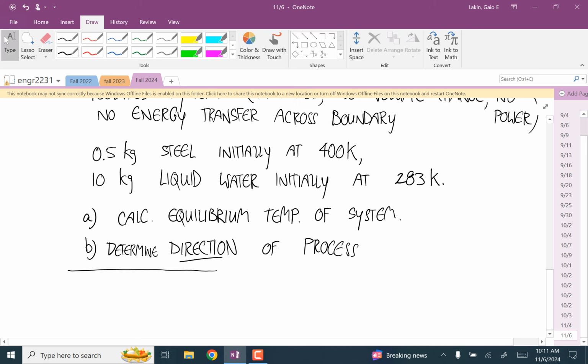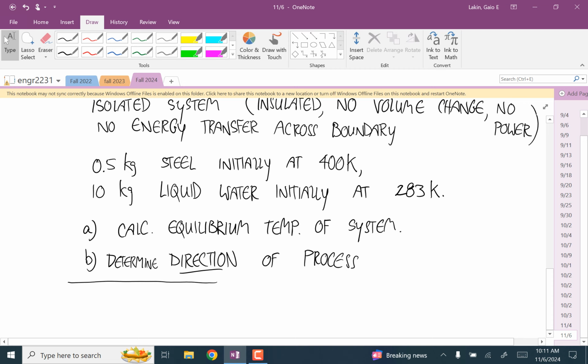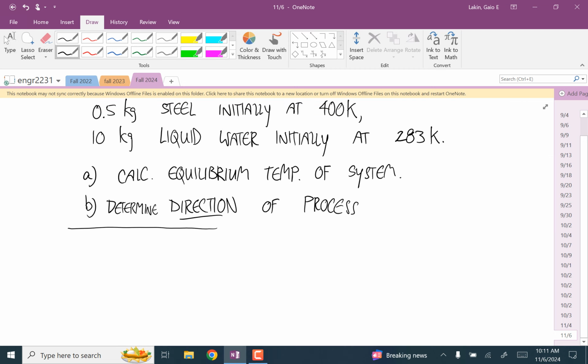Okay, so we're going to assume these are incompressible. And for incompressible, we know that C is equal to little du dT.